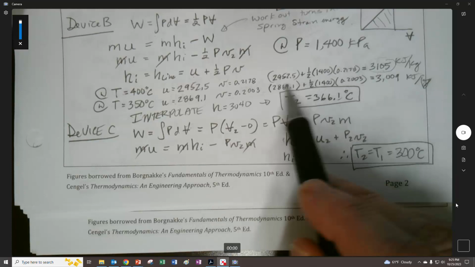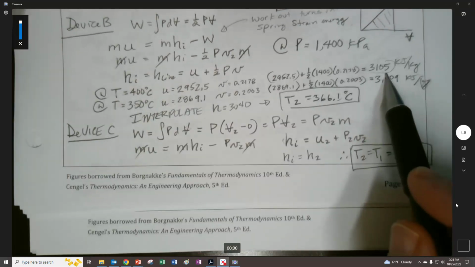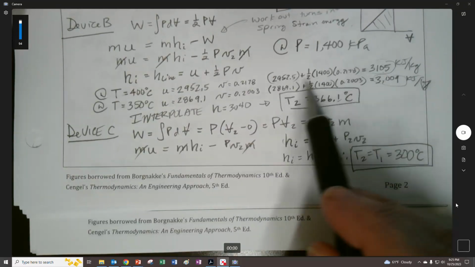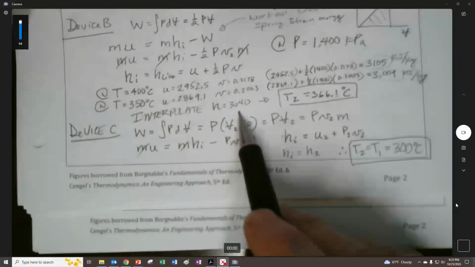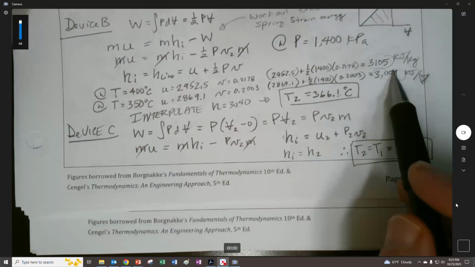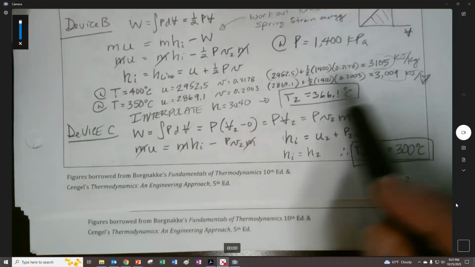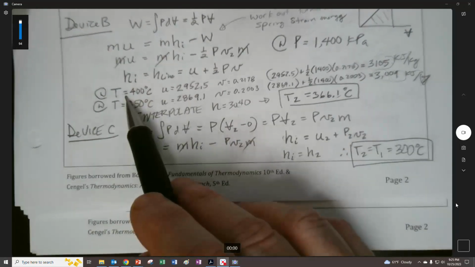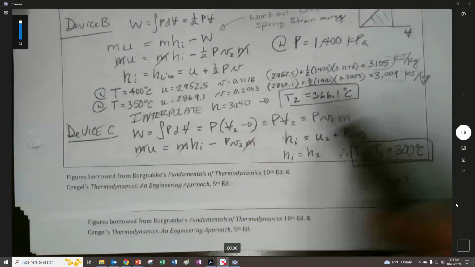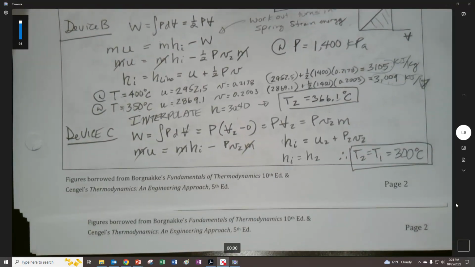And then I did it again for 350, and it was this amount, and the value that we want, the 3040, is in between these two, so I could interpolate with these two values and find what temperature lies in between there.